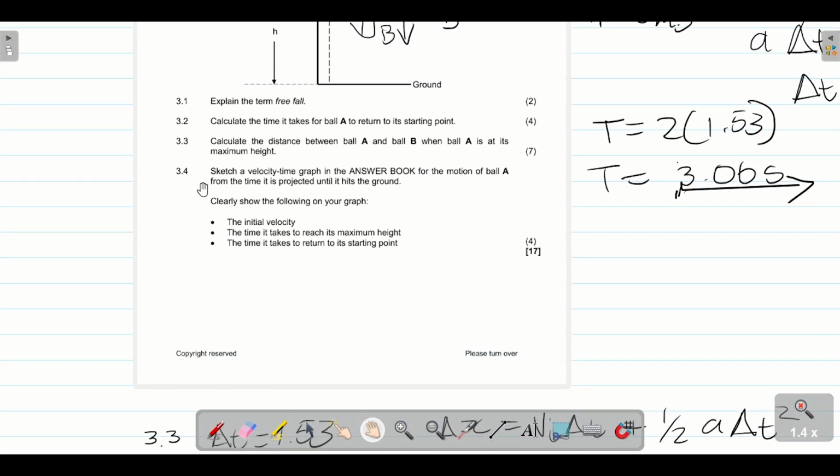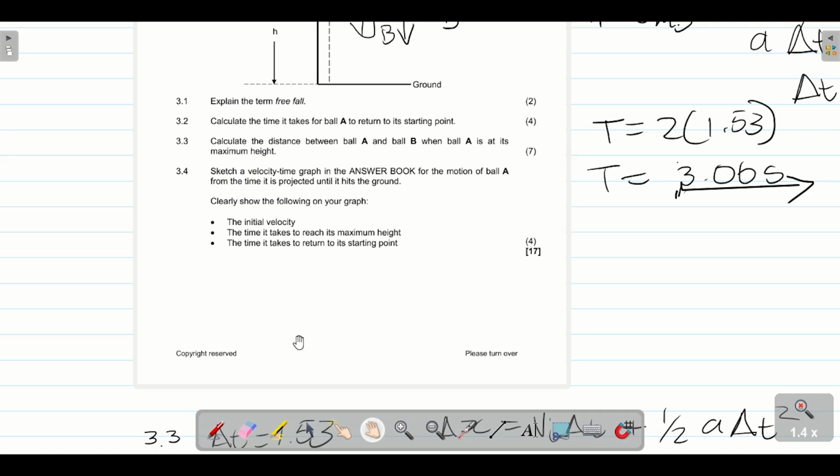The next question, 3.4, says: sketch a velocity-time graph in the answer book for the motion of ball A from the time it is projected until it hits the ground. Clearly show the following on your graph: the initial velocity, the time it takes to reach the maximum height, and the time it takes to return to the starting point. So it's a velocity-time graph.